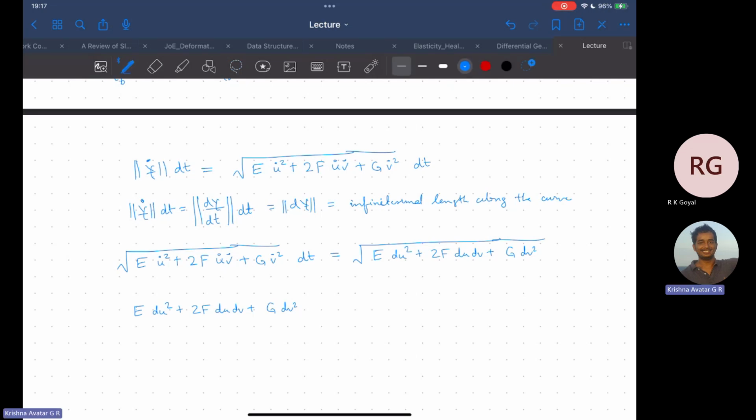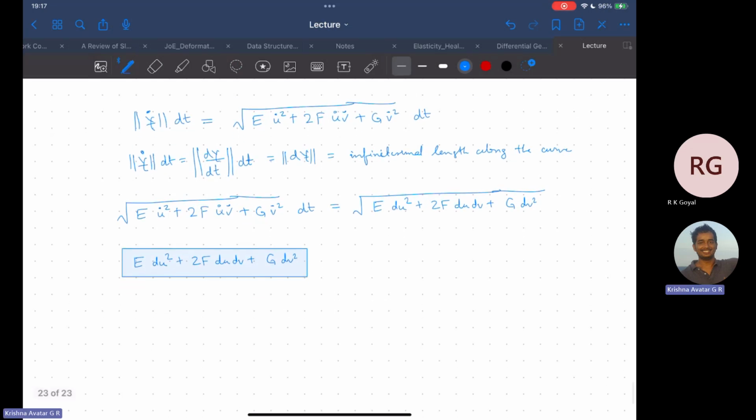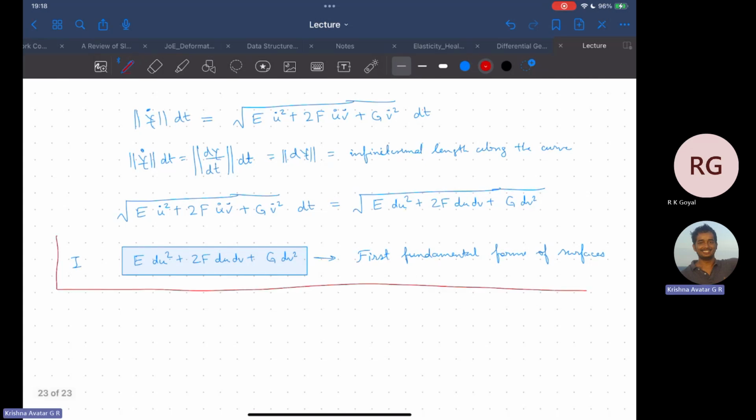You know that everything we could do, this calculation of distances, was solely because of this. And I'm telling this because this is what we call the first fundamental form of surfaces. This is the first fundamental form, also denoted as I, the one in Roman script. So I'll just highlight it.